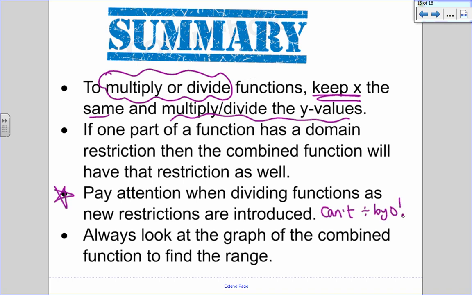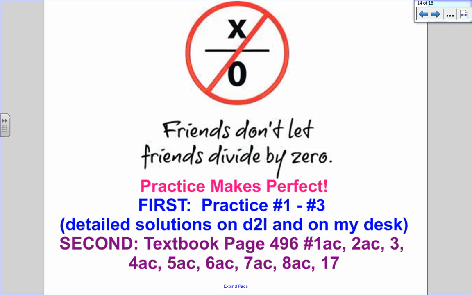So especially with division, we have to be on the lookout for new restrictions. Those restrictions are x values, and again for the range, you always look to the graph. That's super important because friends don't let friends divide by 0.